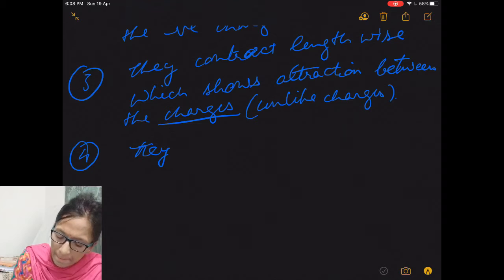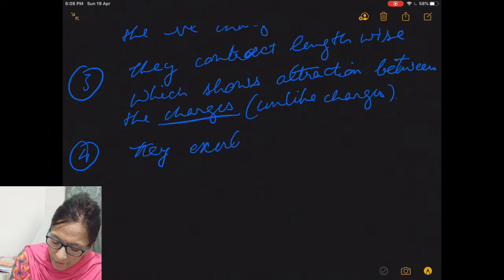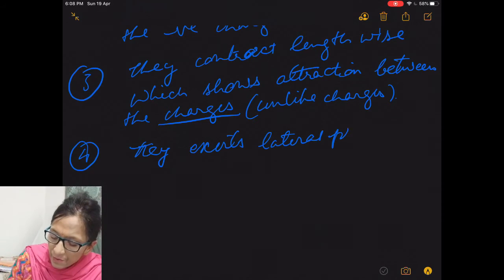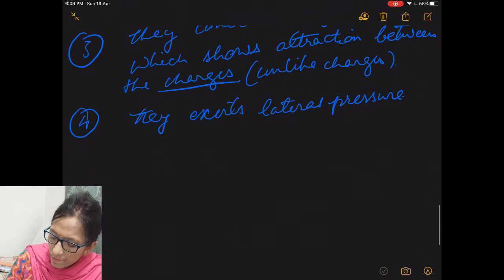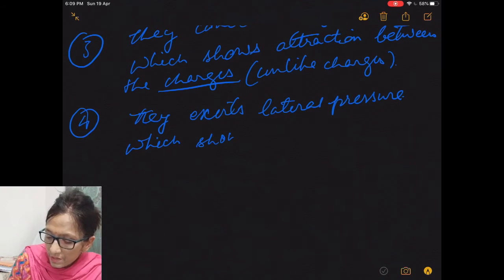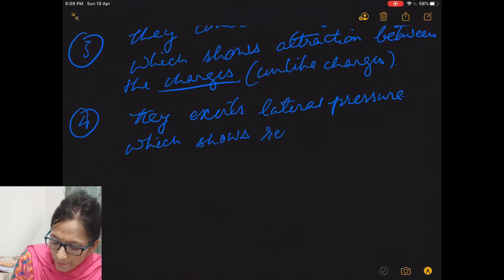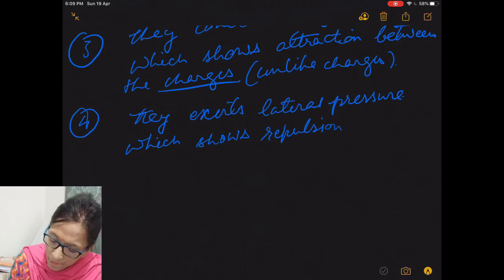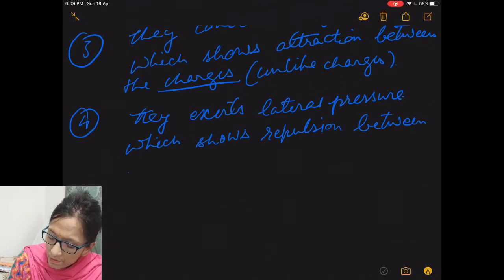Fourth property, they exert lateral pressure, which shows repulsion between two like charges.